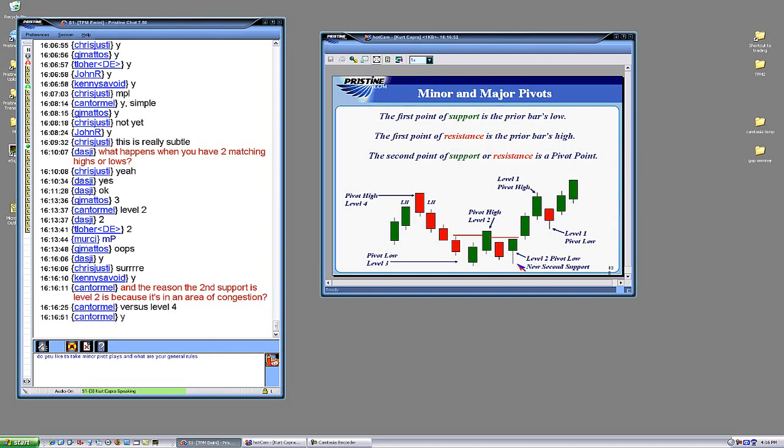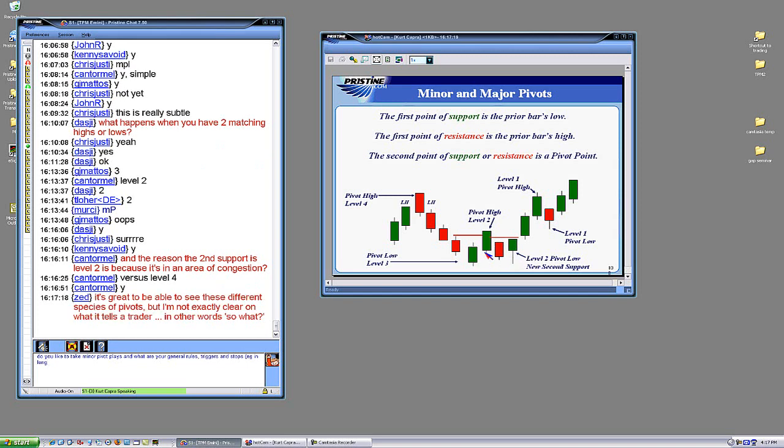Well, yeah, that is essentially why it does become a level 2, is because it's got some more overlap. If I had dropped this bar down and we had 2 higher high, higher low bars to the left and the right, then this would have become a level 4. But because it is in this congestion area, that is why it's a level 2, yes.